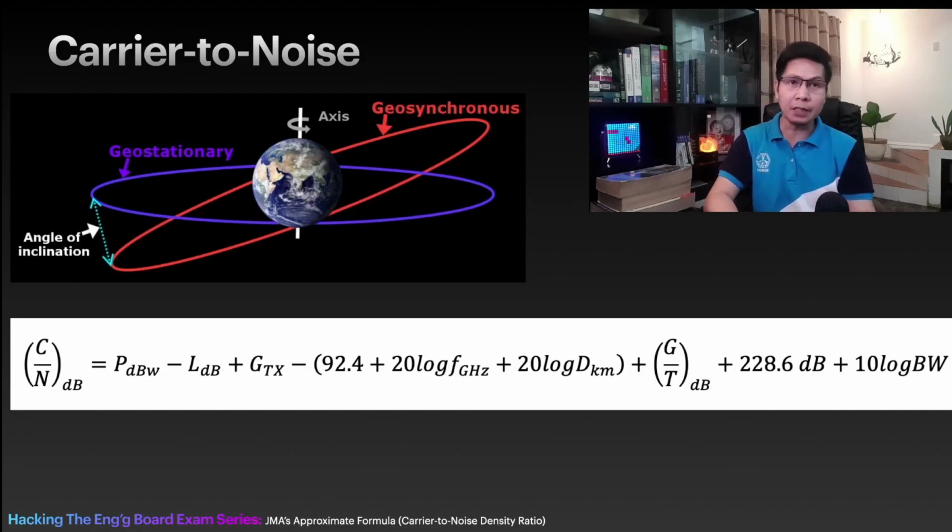Sa fiber optics, yung optical fiber natin, ang magdedetermine kung maganda ba yung isang optical system is yung tinatawag nating distance or bandwidth distance product. Madaming klase.